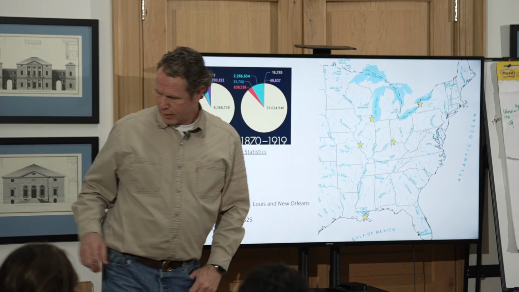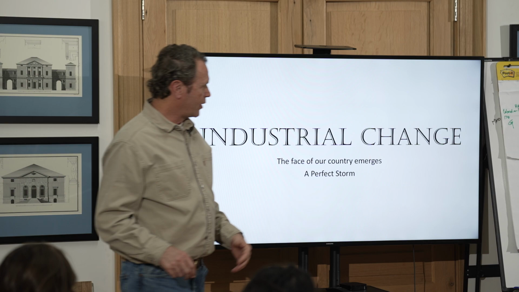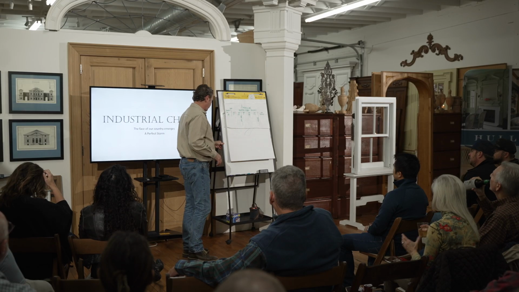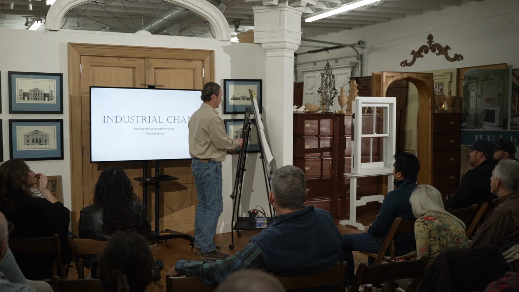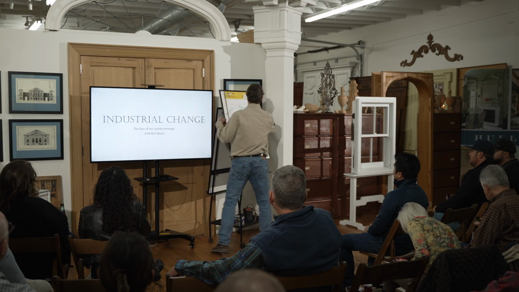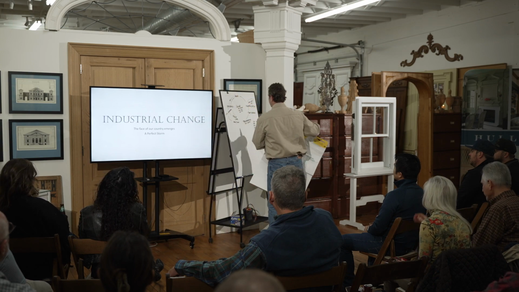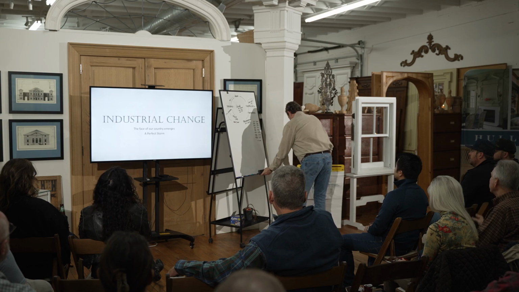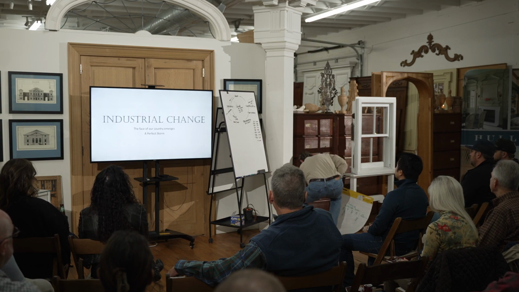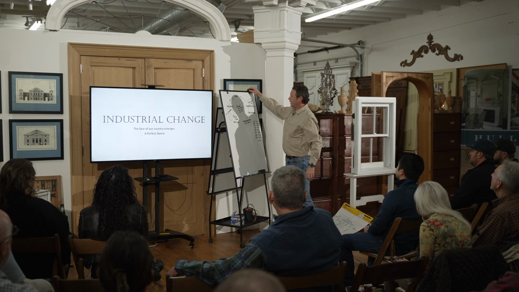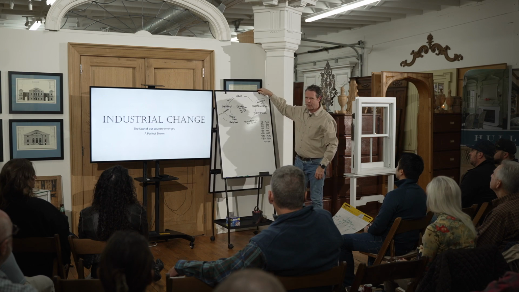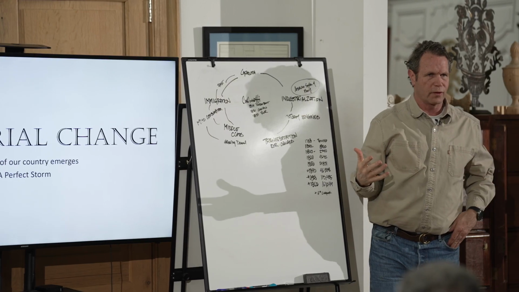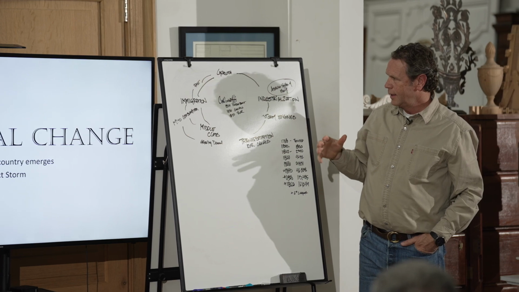And so there's kind of this perfect storm of what's going on here. I've got this thing drawn up somewhere. Kind of what's happened in our country. And Cincinnati kind of represents the perfect storm here of what's going on.